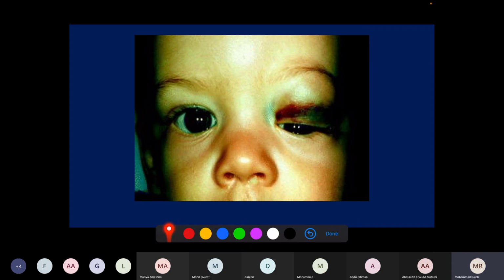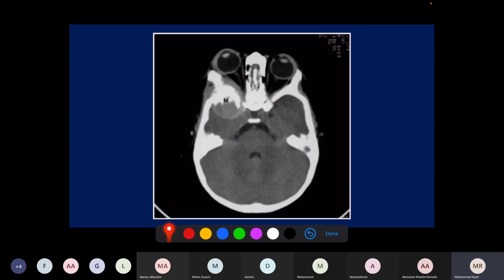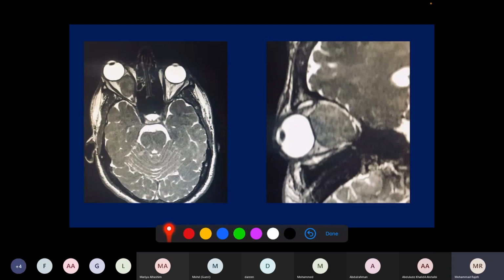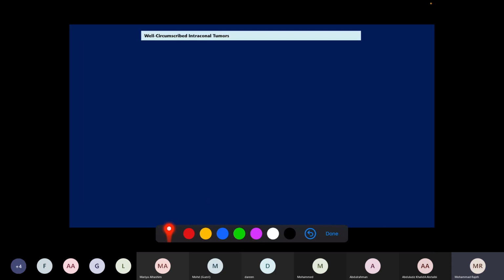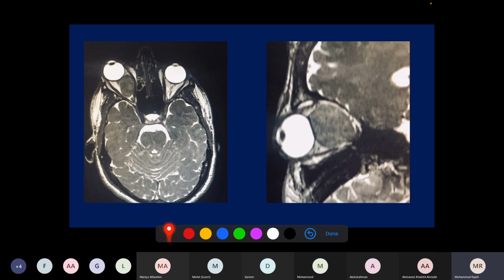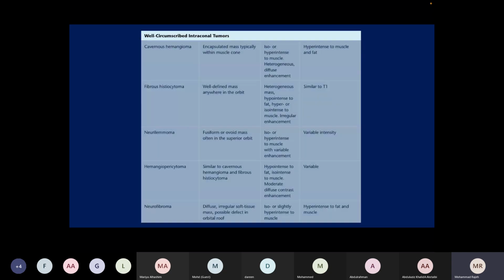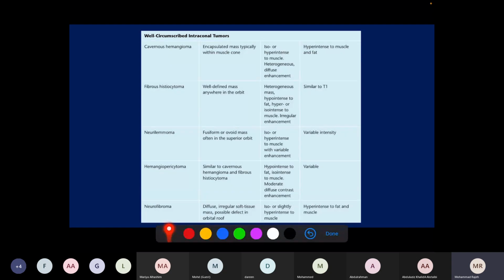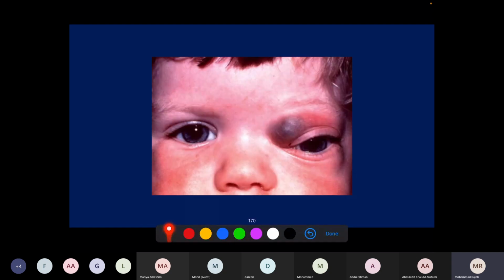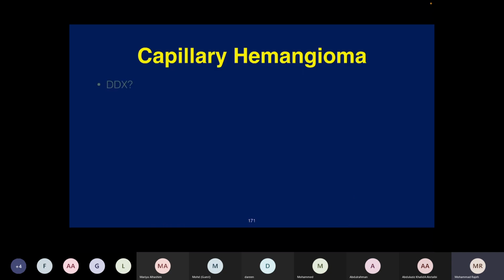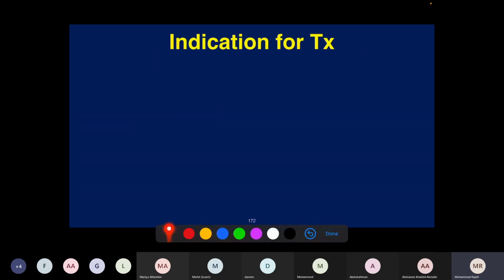So if you get a child, let's say 1-2 years, with ecchymosis, you think about neuroblastoma. Also, a very common question, differential diagnosis of well circumscribed tumors, and this is from Wells manual. Capillary hemangioma, there's no exam without it. Either it comes in the oculoplastic or in the pediatric.